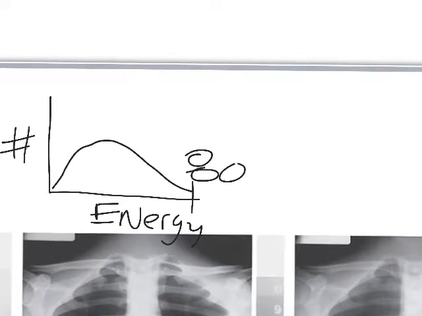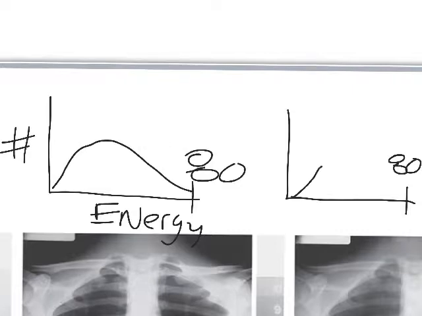Now, let's go over here and draw the same thing, right? But we're going to add some filtration to it. Or we could say in the same way, we're going to mess with the generator. What we're going to see is a shift in where that peak lies.